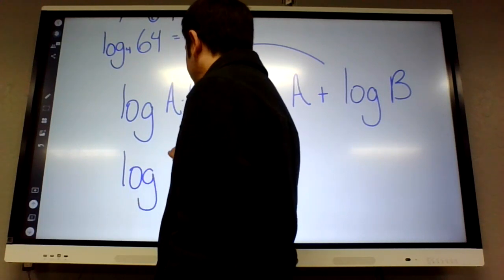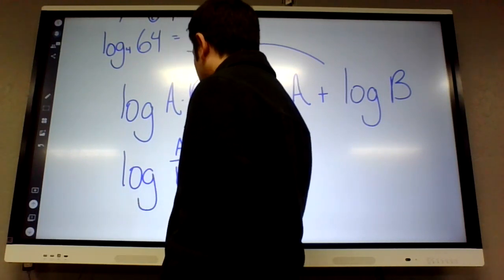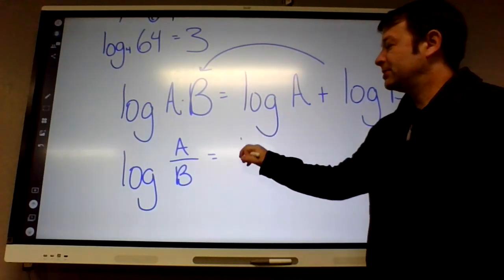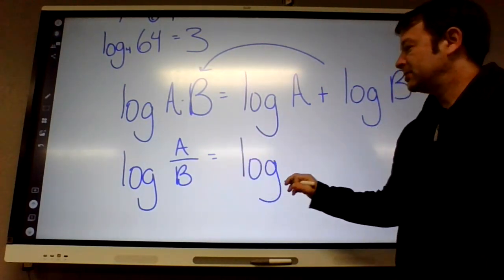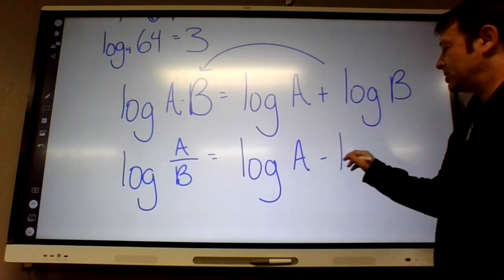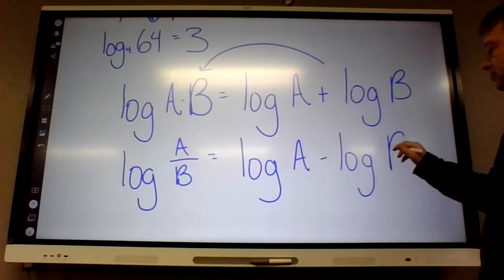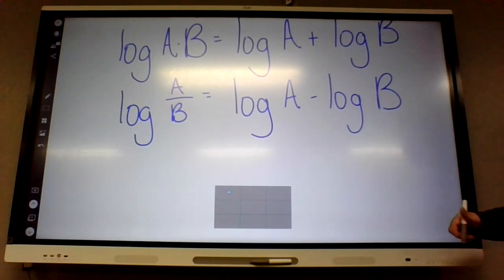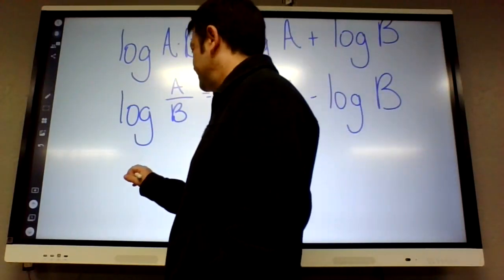So if that is true, what do you think this one's going to be? Log of A divided by B equals log of A minus log of B. You guys remember this? Maybe not.